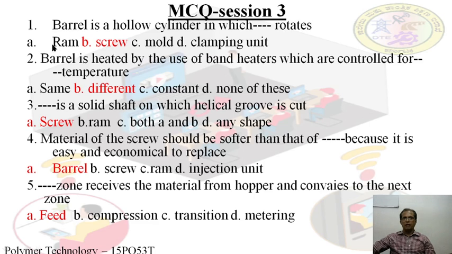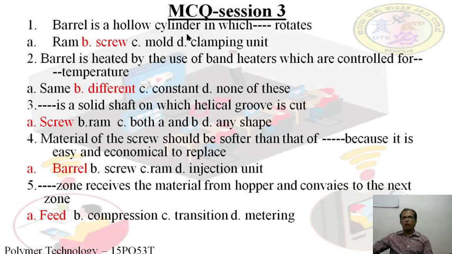Answers are A. Ram, B. Screw, C. Mold, D. Clamping unit. Correct answer is screw.